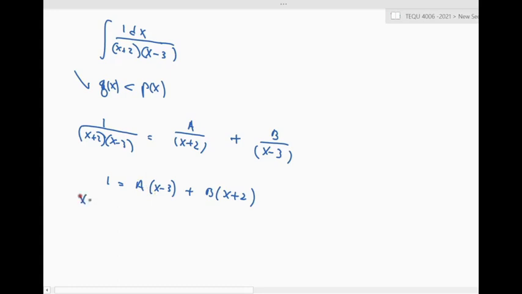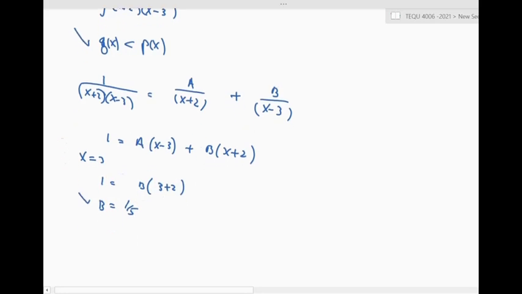When x equals 3, that eliminates the A, and you end up with B. So 1 equals B times (3 plus 2), so B is 1/5.